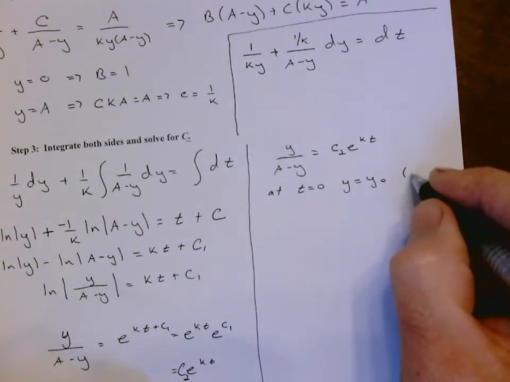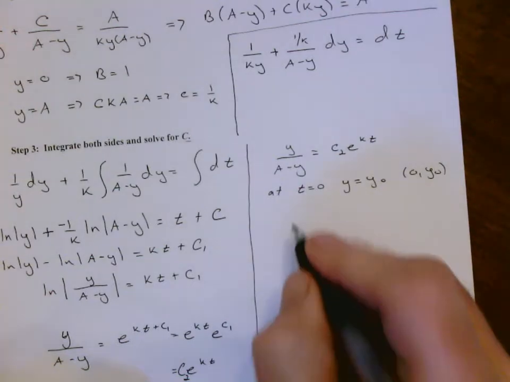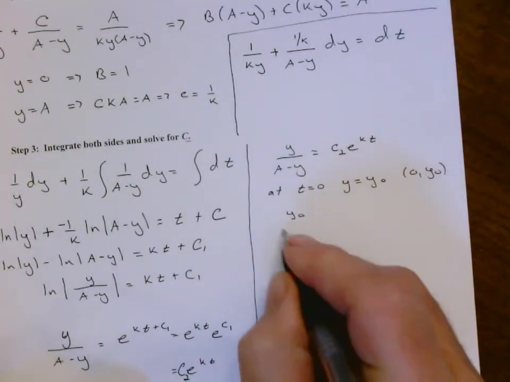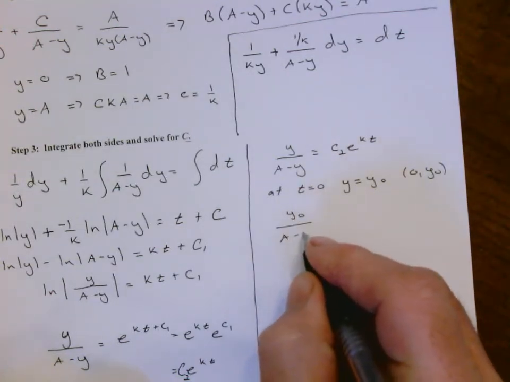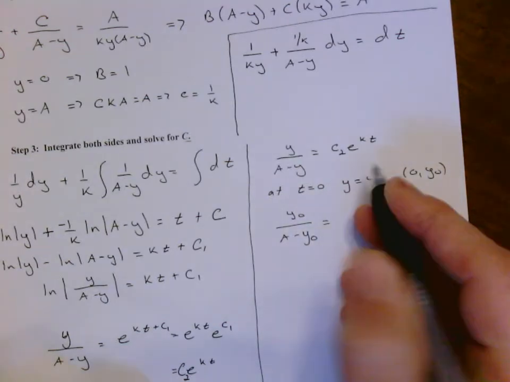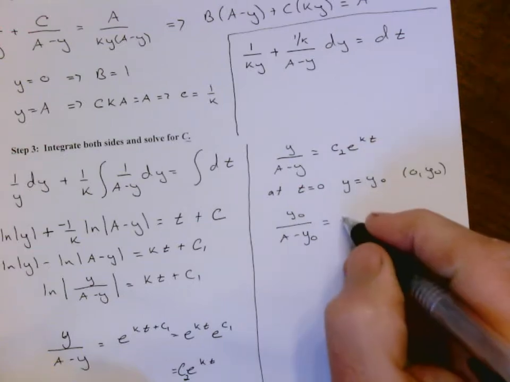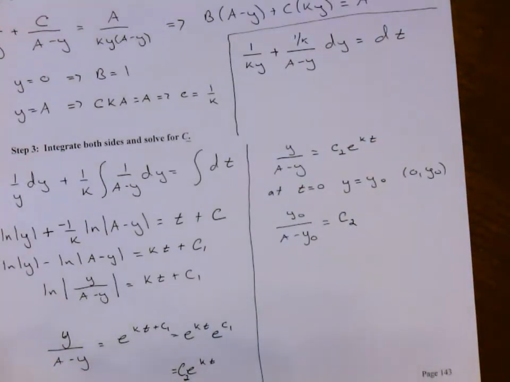So that gives me the coordinate 0, y naught, and I'm going to plug it into that equation. So I have y naught all over a minus y naught is equal to, plug in 0 here, this goes to 0, e to the power of 0 is 1, so that is just simply c2.